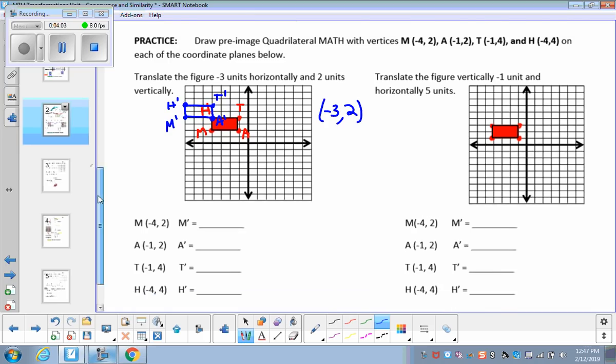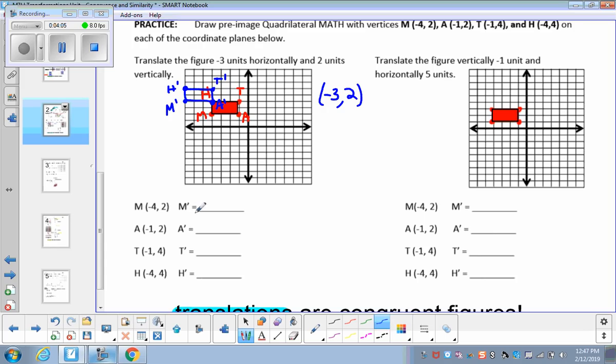Now all we have to do is list the points of the prime points. So M is back 1, 2, 3, 4, 5, 6, 7, and then up 1, 2, 3, 4. So M prime is back 7, up 4.